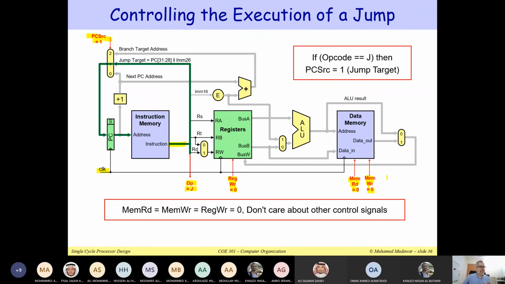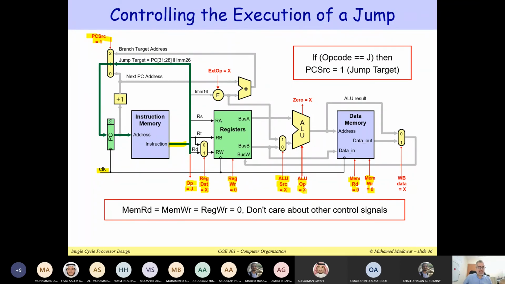But how about the other control signals? Well, we don't really care about them. You can select anything. We don't really care about register destination because nothing is going to be written inside the register file. So for register destination, it's going to be don't care. It does not really matter whether you select RT or RD. It can be 0 or 1. Register write will disable the writing of this register. ALU source, it does not really matter.